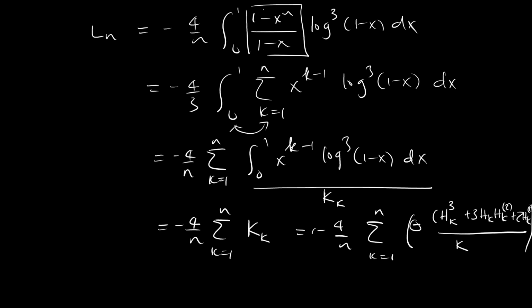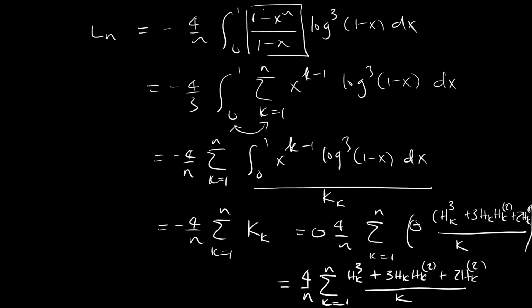This negative and this negative would interact, so we have 4 over n, summation from k equals 1 to n, of H_k cubed plus 3 H_k H_k^(2) plus 2 H_k^(3) over k.